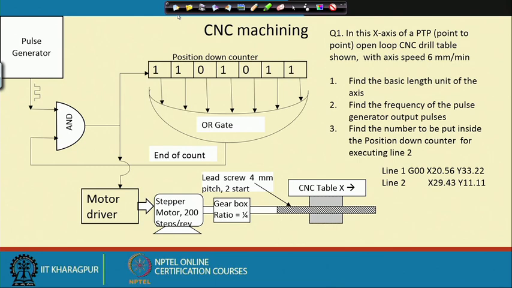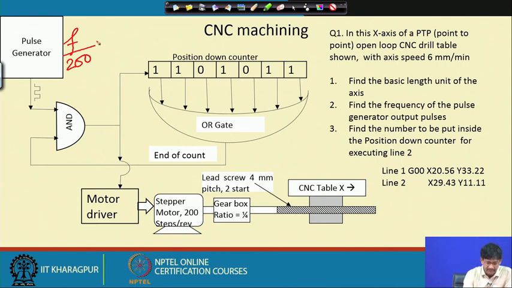Find the frequency of the pulse generator output pulses. Now, we are given this information that axis speed is 6 millimeters per minute. So, let us consider pulse generator frequency to be f. So, f, how many of these pulses will give us 1 rotation? 200 pulses. So, these many rotations of the stepper motor will be obtained per second.